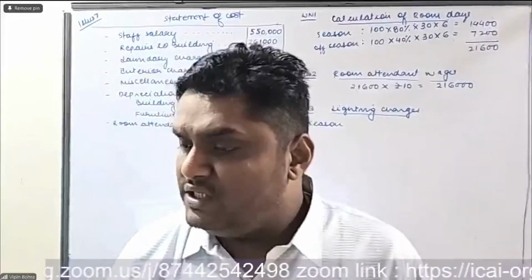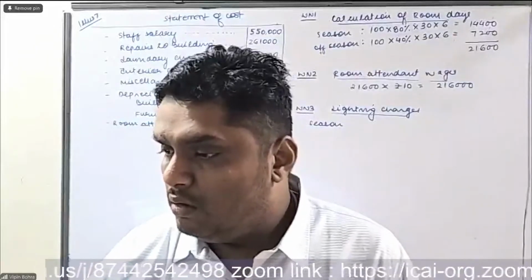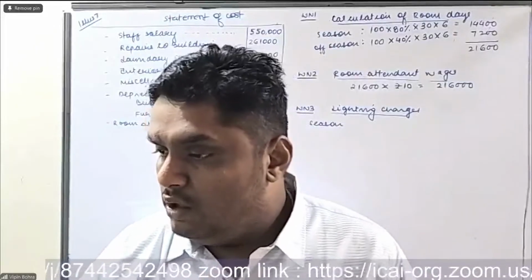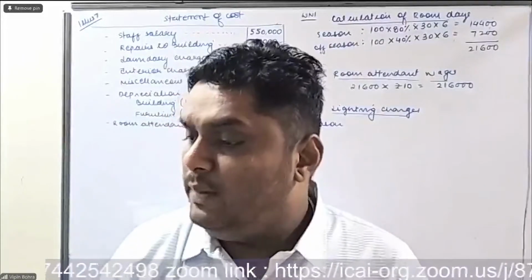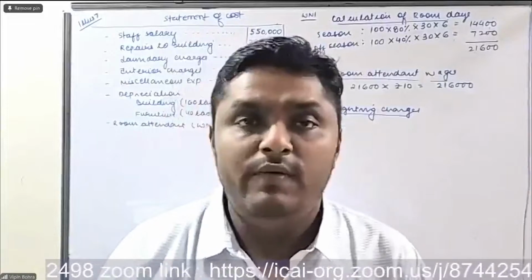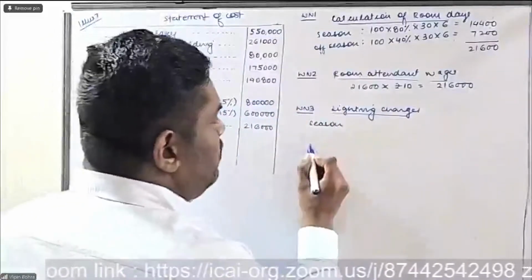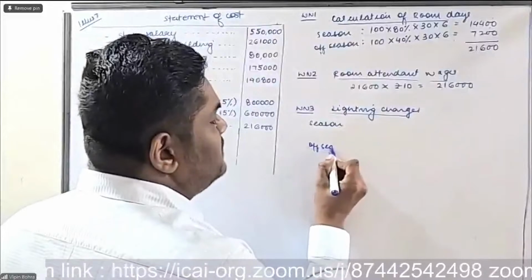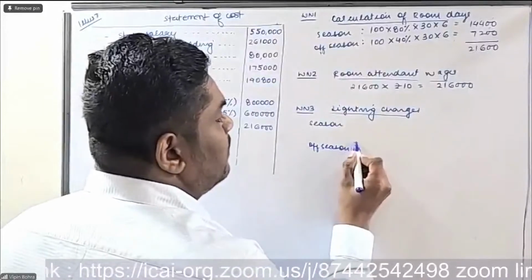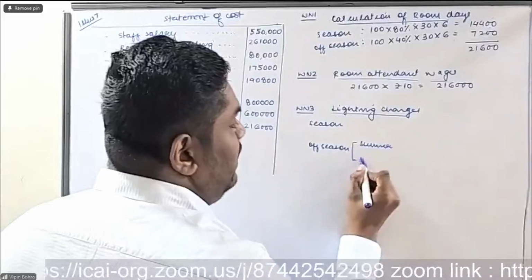Further, it is given in the question that monthly lighting charges are 120 per room, except in 4 months in winter when it is rupees 30 per room. So we will assume that the winter is the off season. So herein, when talking about season and off season, we can count it as summer and winter.